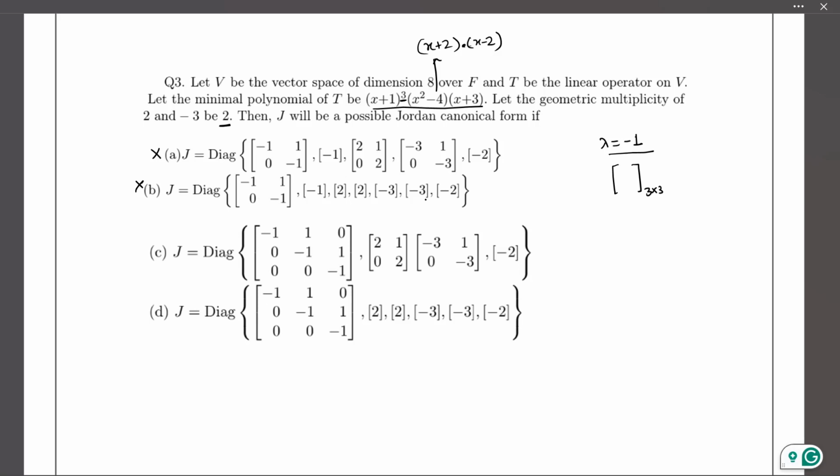Sir, could you please repeat why we conclude that both the first two options are incorrect? Since corresponding to lambda equal to minus 1, we do not have a 3 cross 3 Jordan block.